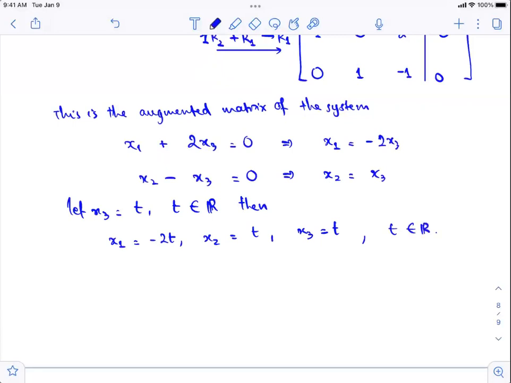And that is the solutions of this particular homogeneous system. And there are infinitely many solutions because t is all real numbers, and all real numbers is just infinitely many numbers, right? So there are infinitely many solutions.